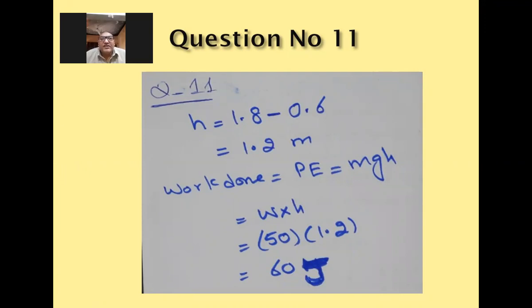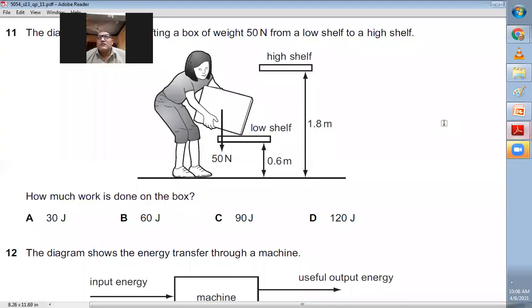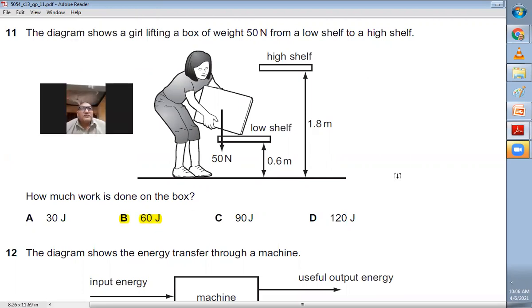So it will be 50 Newton multiplied by 1.2 meter, and the final answer will be 60 joules. So B looks the right answer, sir. Question number 11, B is the right answer.